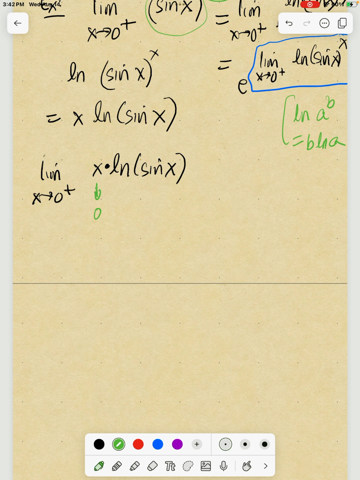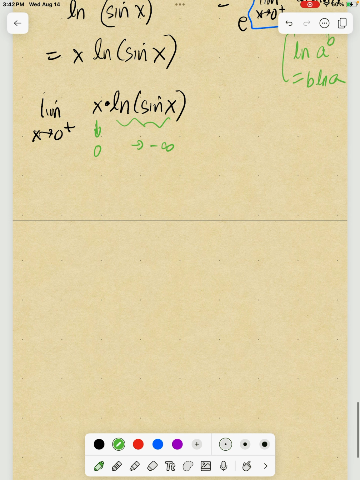What do I get here? Well, sine of 0 is 0, ln of 0, well, that's undefined, right? Because when x is going to 0, this is approaching negative infinity as x goes to 0. And so I have an indeterminate form: 0 times infinity, or 0 times negative infinity, that's an indeterminate form.